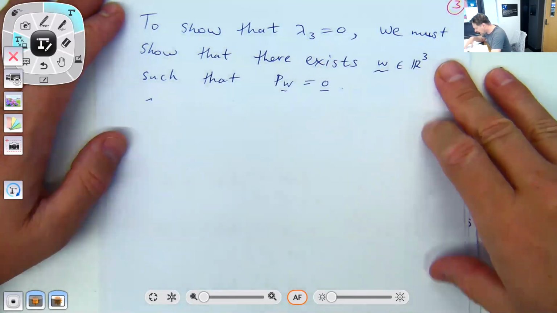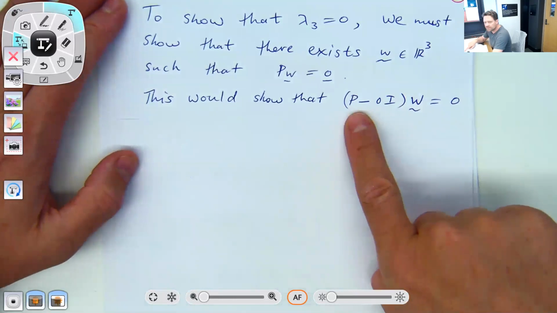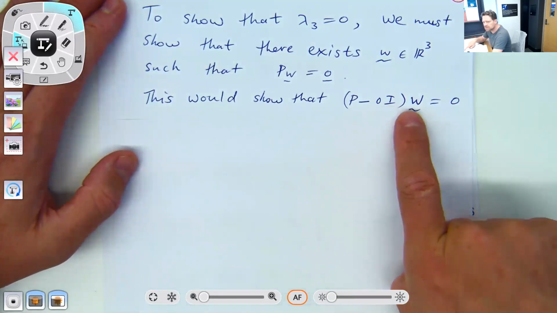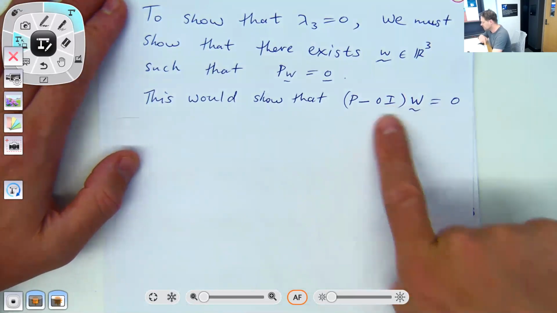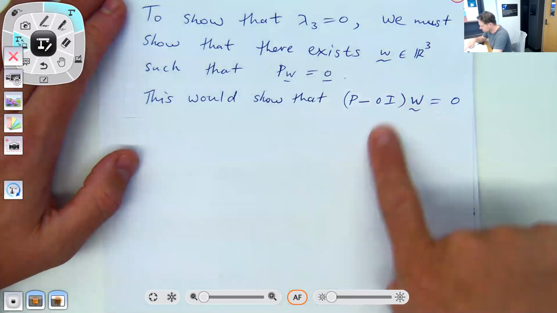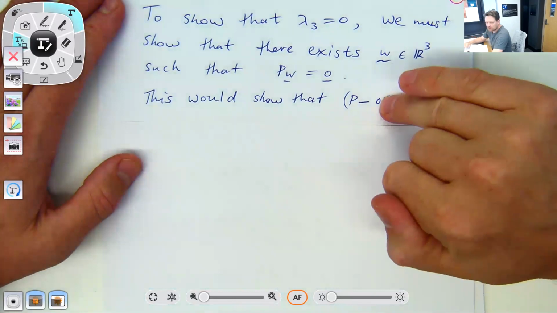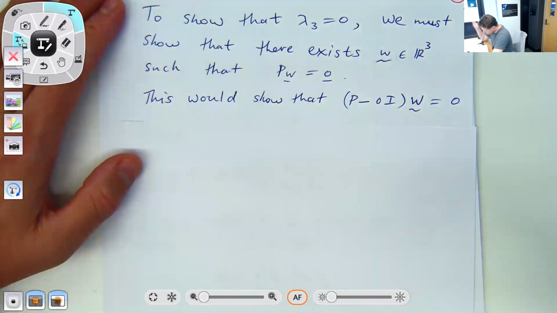Because if we get that, then we've got this expression, right? P minus 0 times the identity matrix times W is 0, because this is 0 here. So these two are the same, and so that gives us that 0 is the third eigenvalue, right?